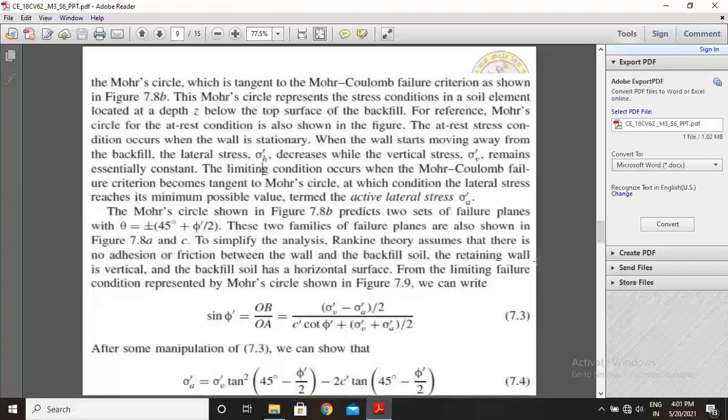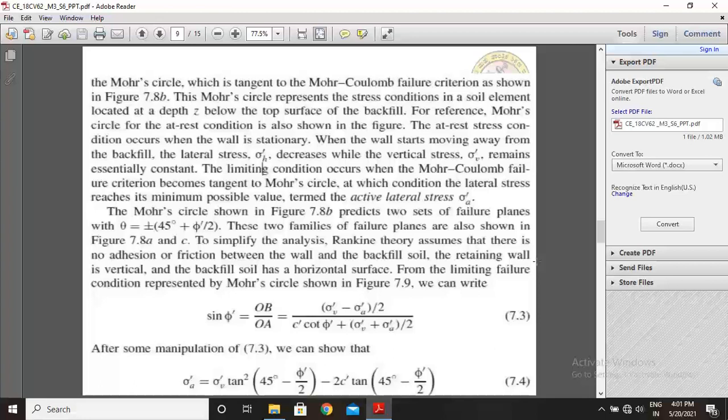The at rest stress condition occurs when the wall is stationary. When the wall starts moving away from the backfill, the lateral stress sigma dash h decreases while the vertical stress sigma dash v remains essentially constant.